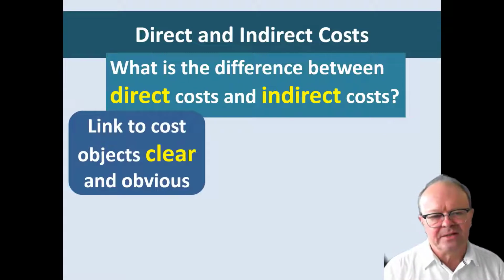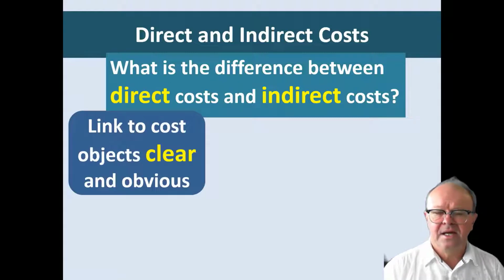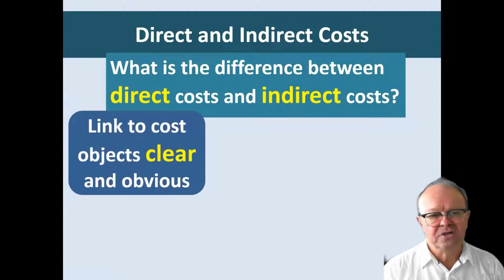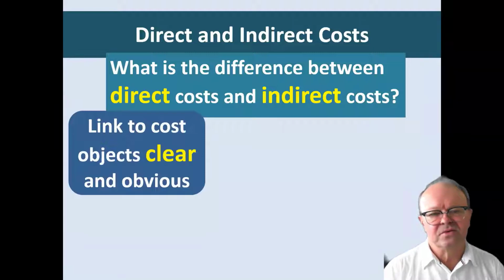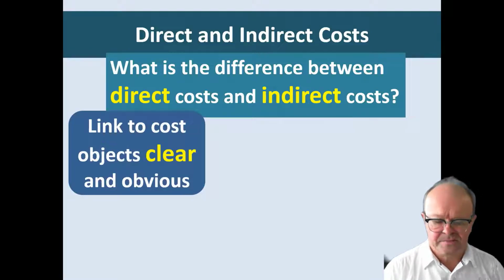The cost of buying those 10 iPhones is a direct cost. Or you might be making something in your firm, and you might have some material costs that you're going to turn into something, and it's clear that those costs relate to that product. Those are direct costs.